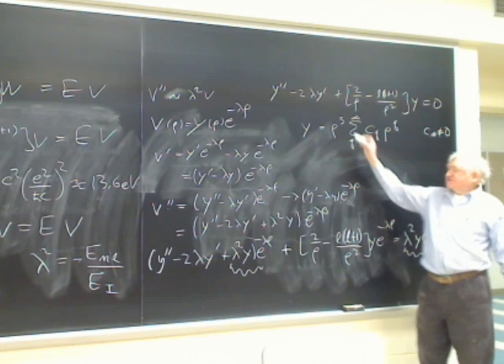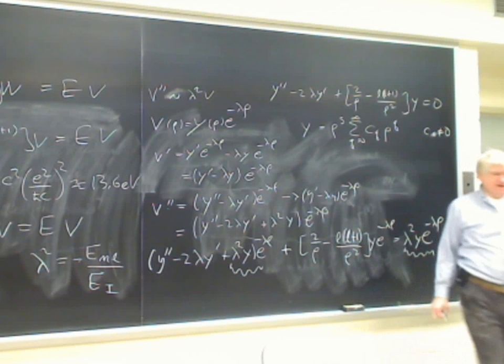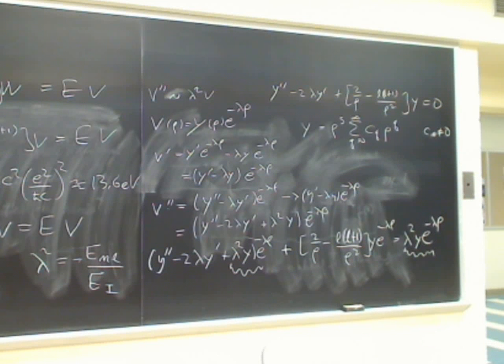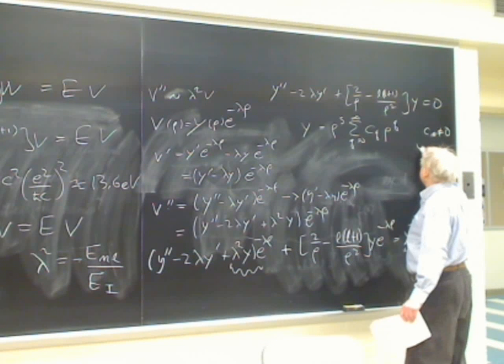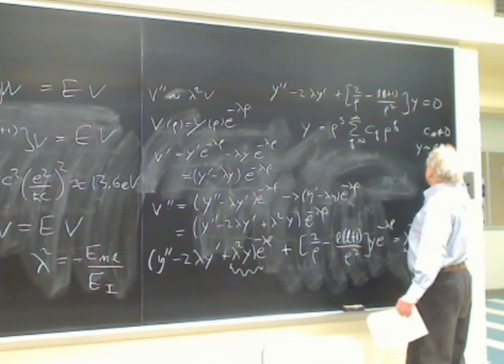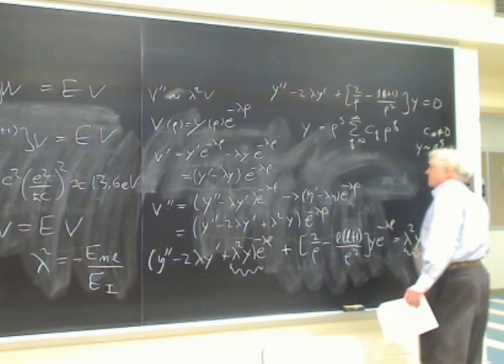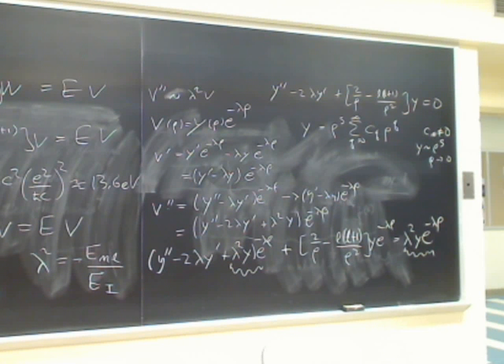That's what fixes the definition of s. And so this tells us that y is rho to the s as rho goes to 0.